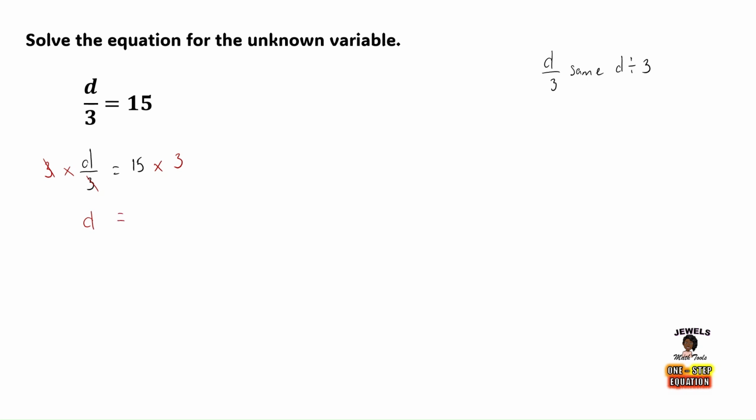And on the right-hand side, I'm going to be multiplying my 15 times 3, which is equal to 45. So for our equation, if I'm stating that my d is equal to 45, remember that we are thinking about our d being divided by 3. So that means that when 45 is being divided by 3, I should get 15 back.